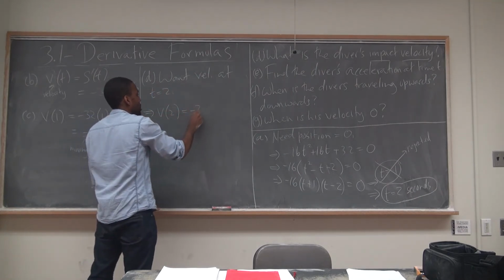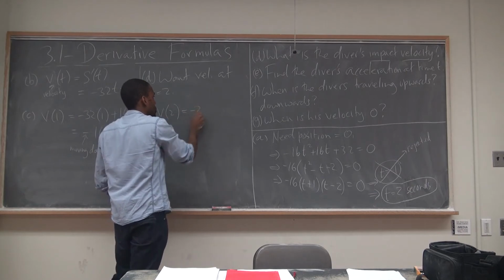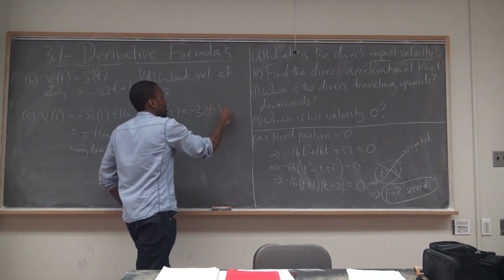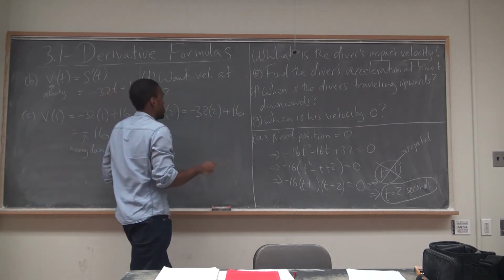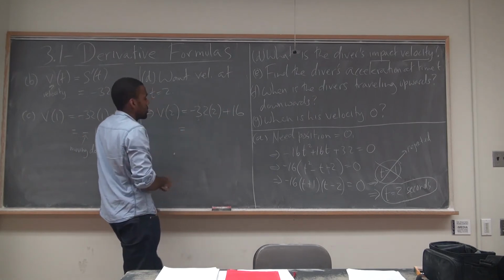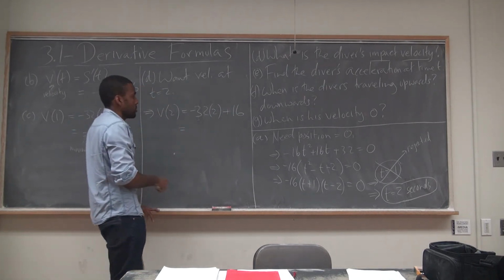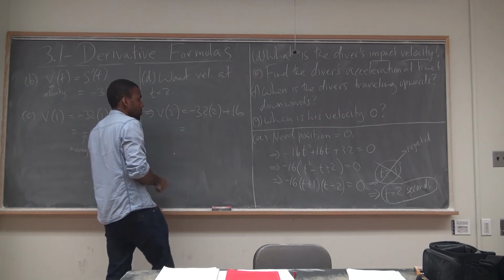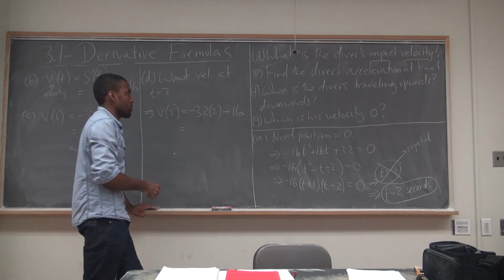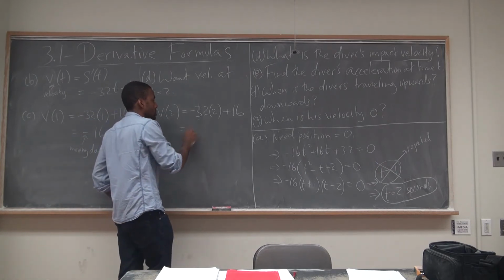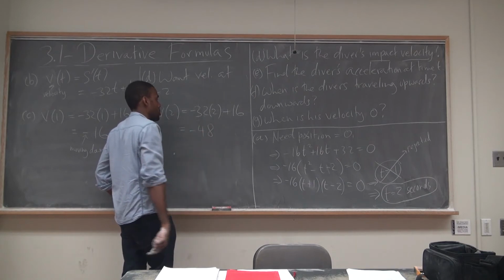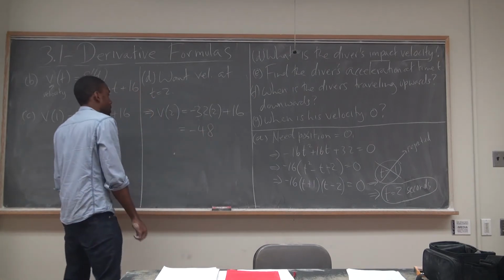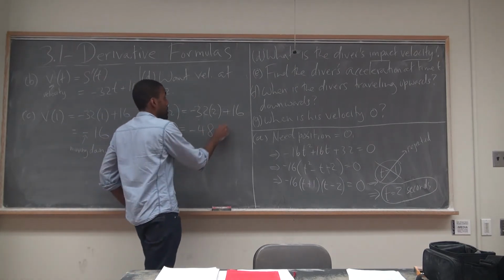So I'm going to get minus 32 times 2 plus 16. What's that going to be? It's negative 48, feet per second.